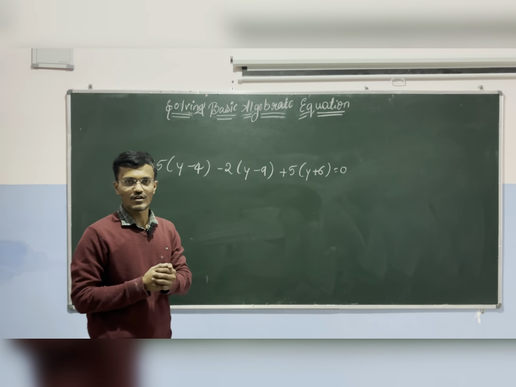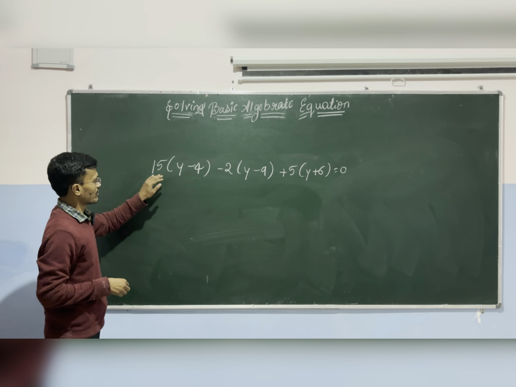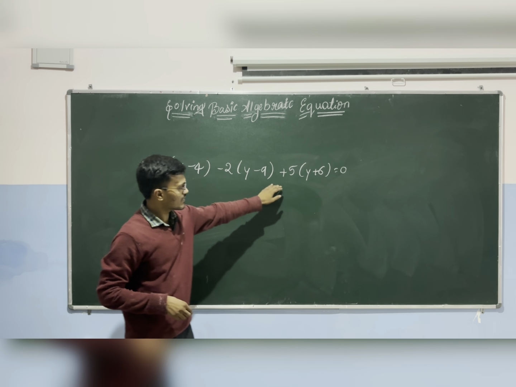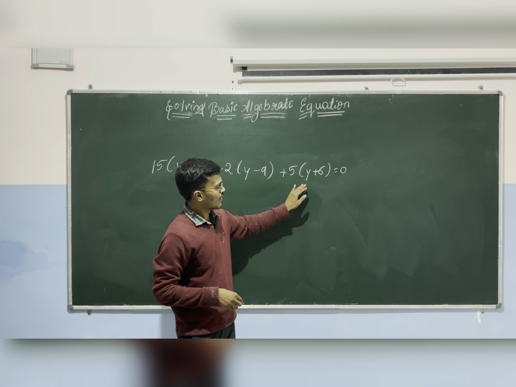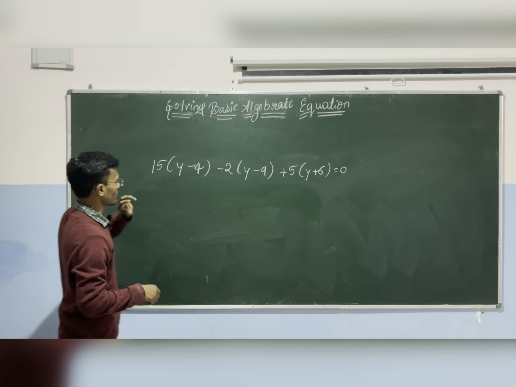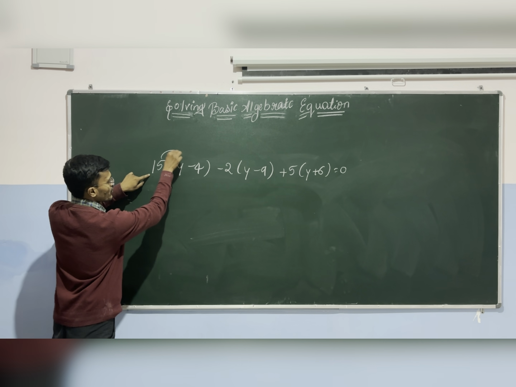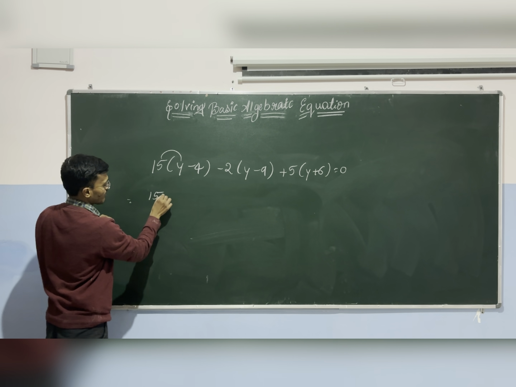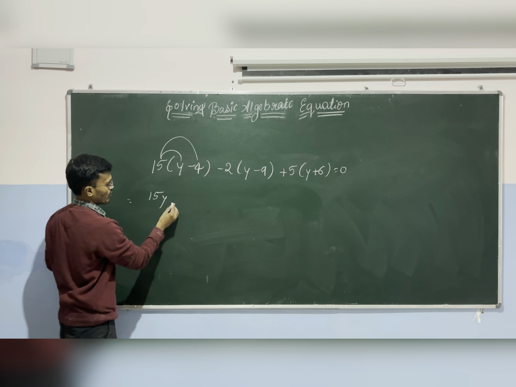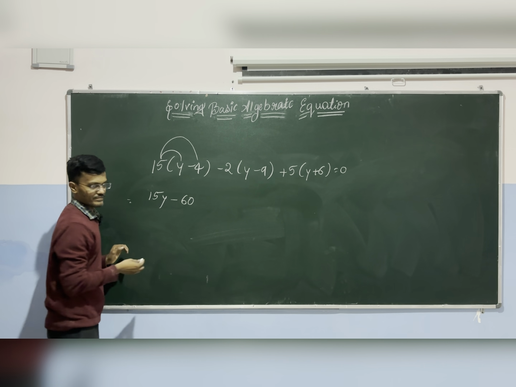Thank you. Okay, so now we will solve another problem. 15 bracket y minus 4 and minus 2 bracket y minus 9 plus 5 bracket 5y plus 6 equal to 0. So now how do we solve that? Here 15 into y, 15y, and same 15 into 4, so minus 60.